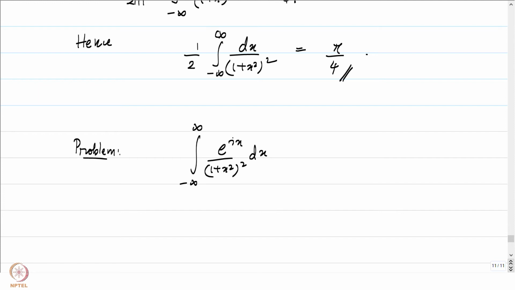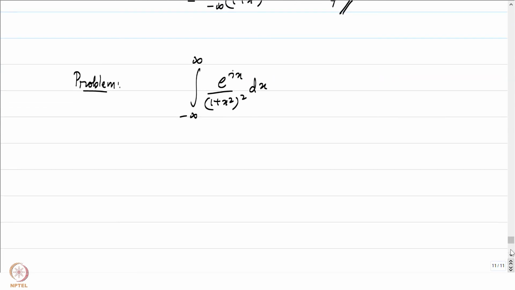If this is the problem, we have already done all that is needed to solve this as well, because again we have to just make the premise perfect. So this is the curve from minus r to r followed by the curve here.